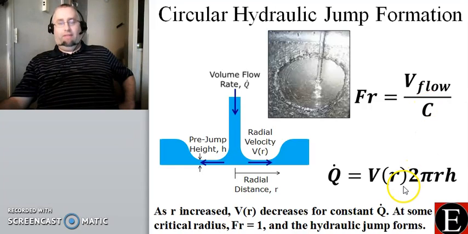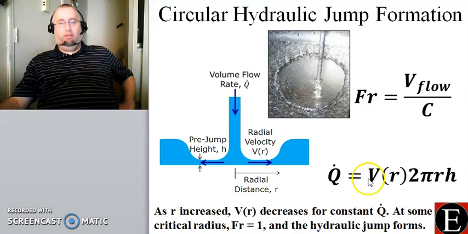Then we have the second equation, which comes from mass conservation, which tells us that the volume flow rate, which is fixed, is equal to a local radial velocity multiplied by 2 pi R H, where R is the radial location and H is the height of the fluid before the hydraulic jump.